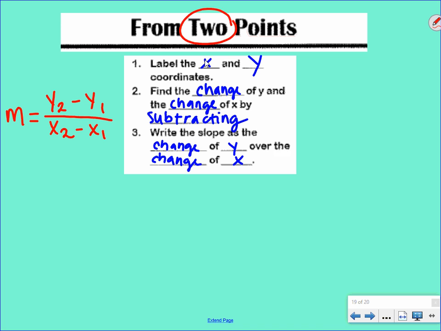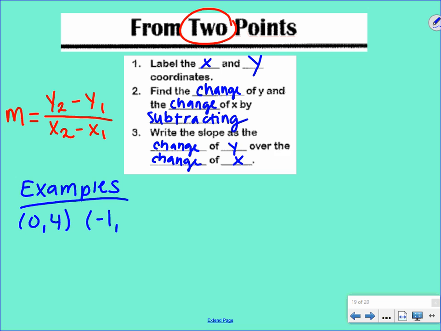So let's go over some examples here. First example will be (0, 4) and (-1, 5). First step is to label your x and y coordinates. So we want to label them x1 and y1 and x2 and y2.